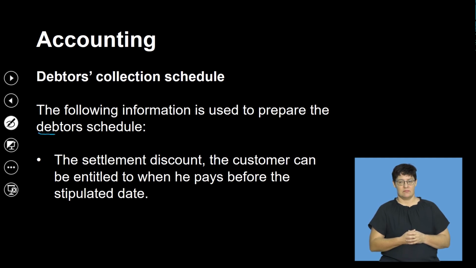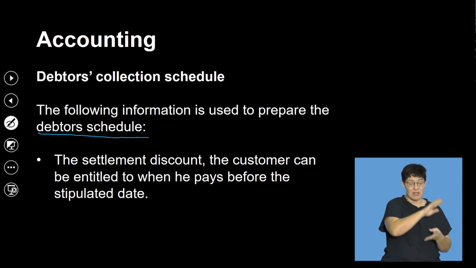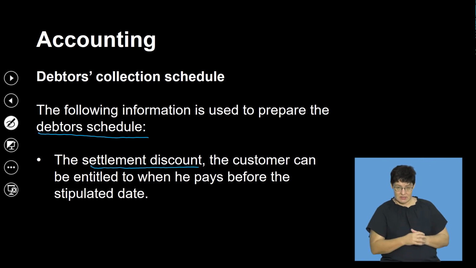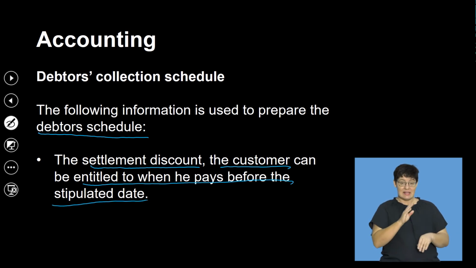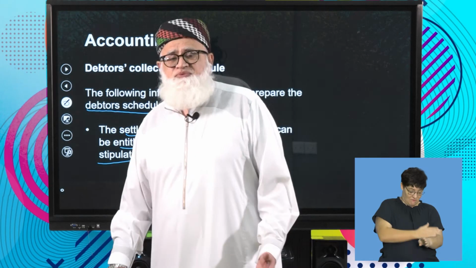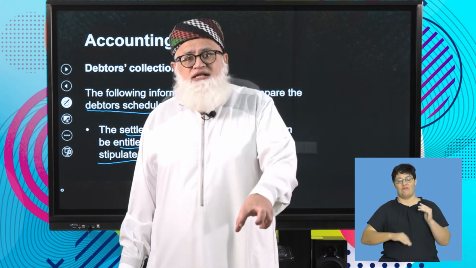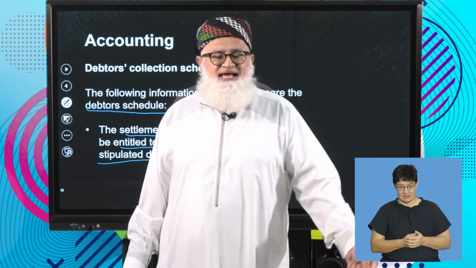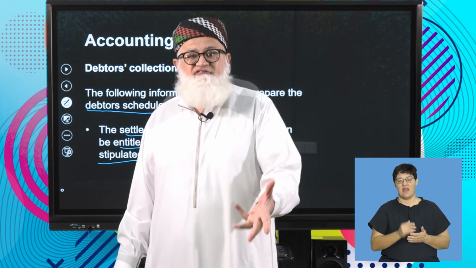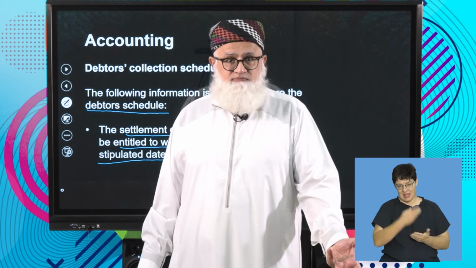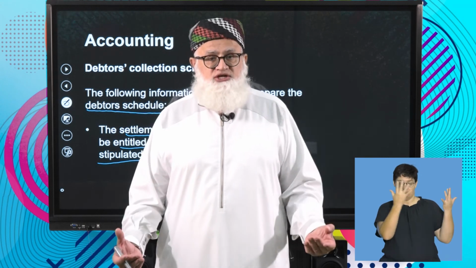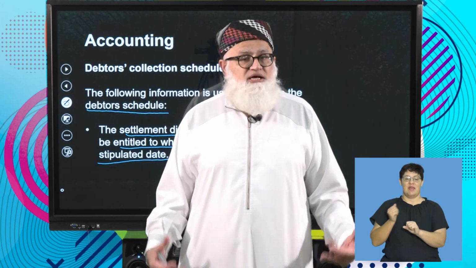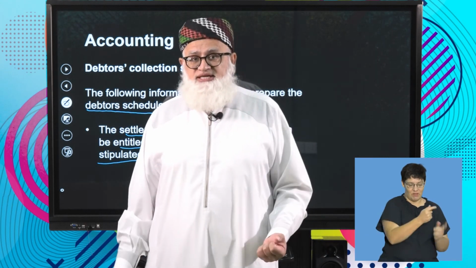When dealing with your debtor's collection schedule, remember the settlement discount the customer can be entitled to when he pays before the stipulated date. For example, if you tell your debtors, if you settle your account within 30 days, you are entitled to a 5% discount. Obviously, you'll see when we go into the calculations how that would impact on our collections from our debtors.